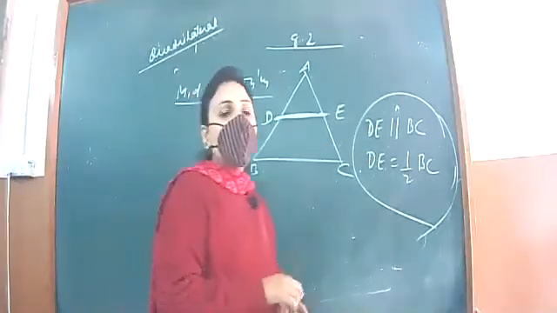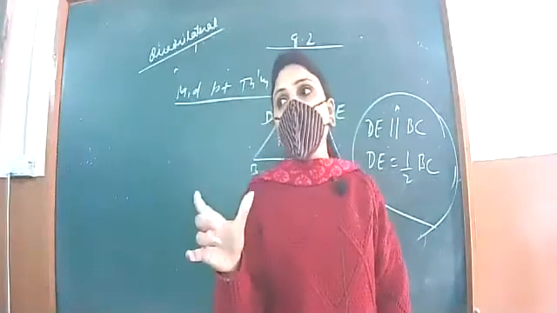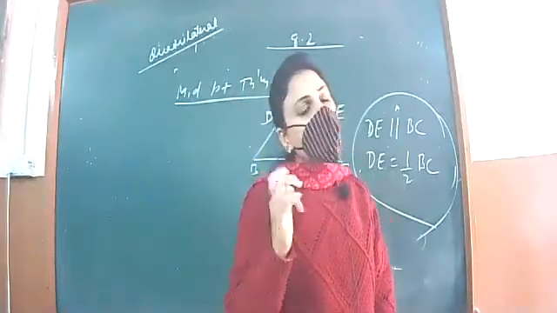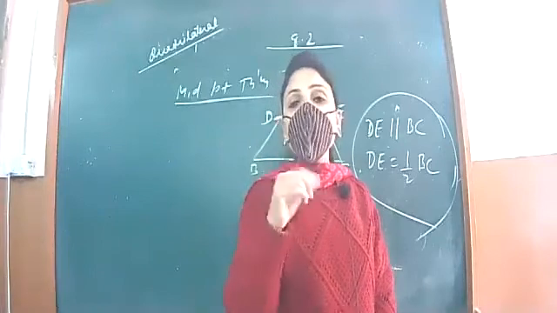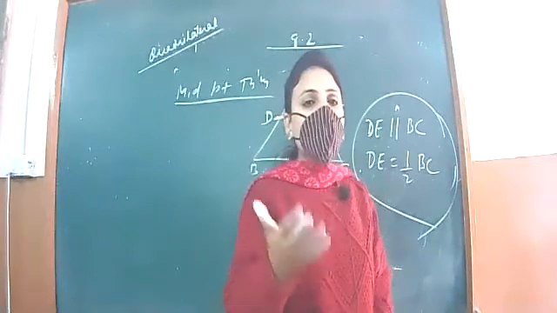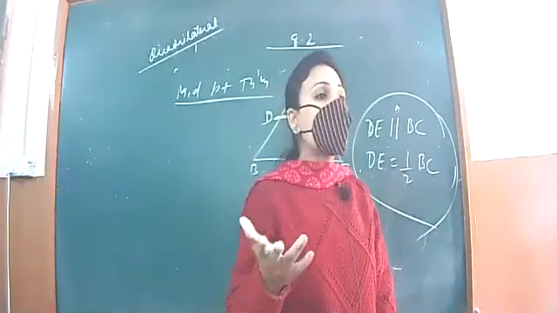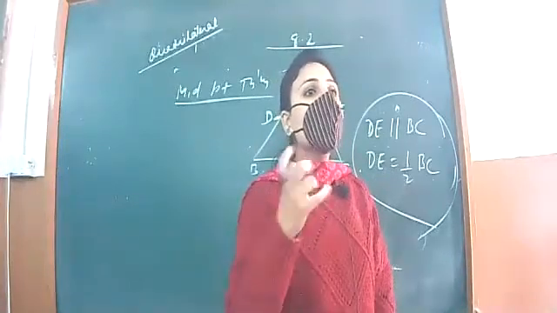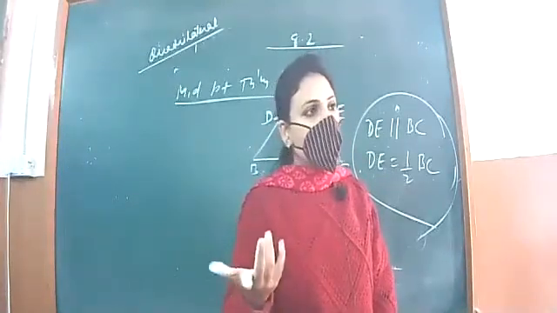चलो हम स्टेटमेंट पूछ ही लेते हैं. Line joining the dash of two sides, midpoints of two sides of a dash triangle is dash to the parallel to the third side.